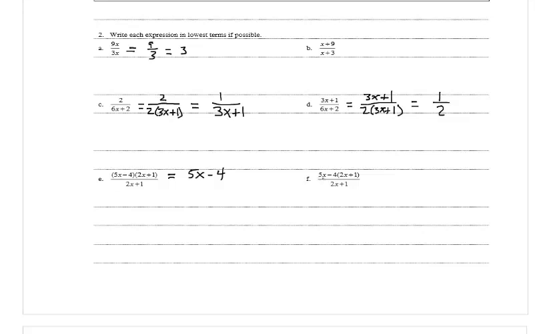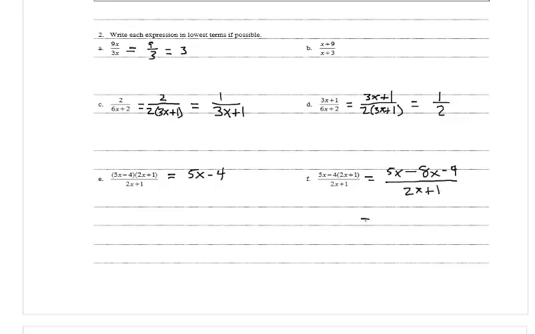In this next problem, we have 5x minus 4 times 2x plus 1. So we're going to multiply this negative 4 through the parentheses, and this is not the product of 5x minus 4 times 2x plus 1. And that's how this problem differs from that last one. So we're going to have 5x minus 8x minus 4 divided by 2x plus 1.